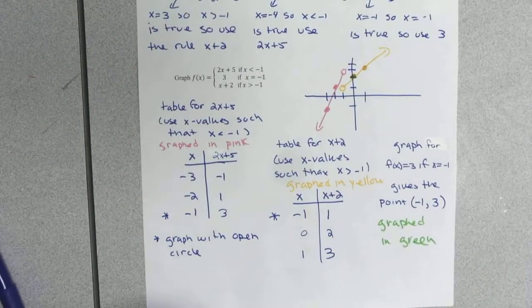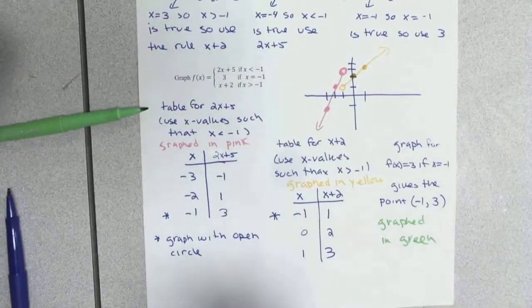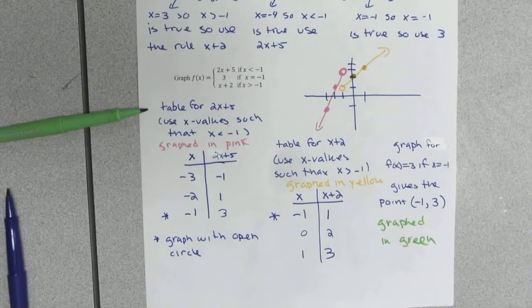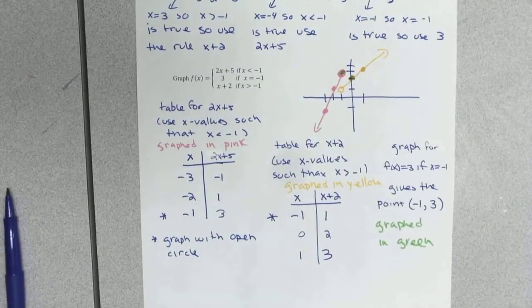So there was the open circle at -1, 3. And now I have the point -1, 3, which I'll go ahead and fill in green. So that dot actually gets filled in. If we were doing this normally, everything would be in blue. But there's my graph. And in the very end, I end up filling in that open circle at the point -1, 3. So there is my piecewise graph of my piecewise defined function.